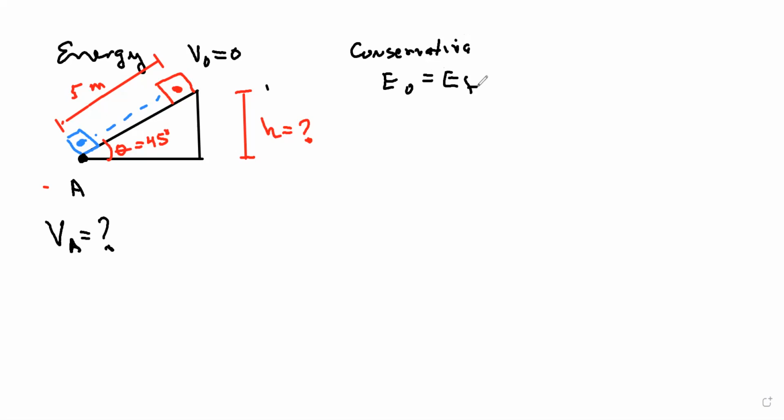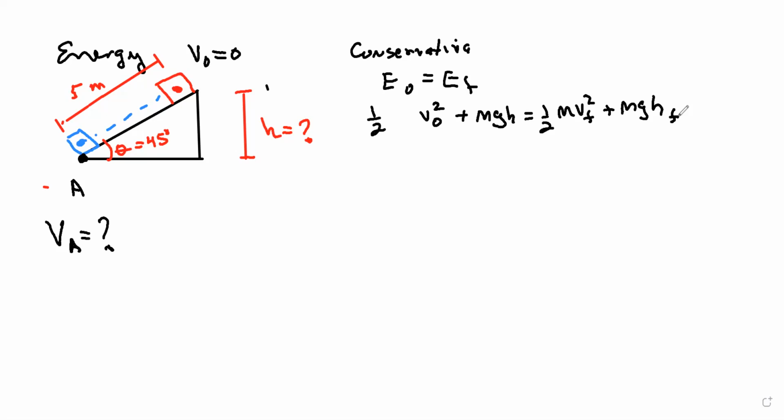Okay, so the initial energy is going to be 1/2 of the mass, initial velocity squared, plus potential energy, mgh, and that's going to be equal to 1/2 of the mass, final velocity squared, plus mgh final.